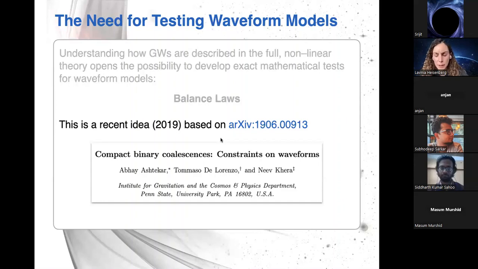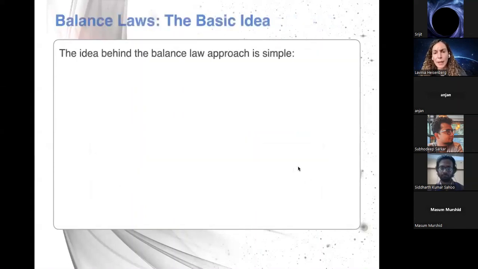This is, for instance, a recent idea based on this paper here. If you want to have a look at this pioneering work, please have a look at this very nice paper. So the idea behind the balance law is very simple.